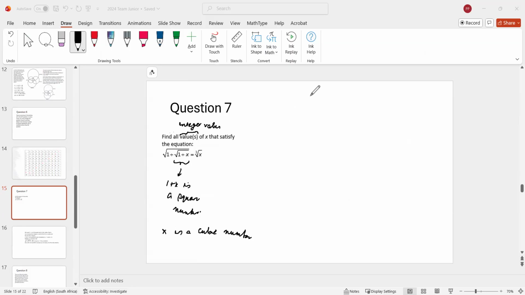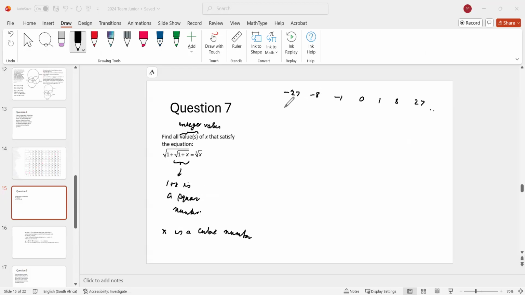Now, if you write down all the cubes, starting from minus 27, minus 8, minus 1, and so on, when you add 1 to it, it must be a square.